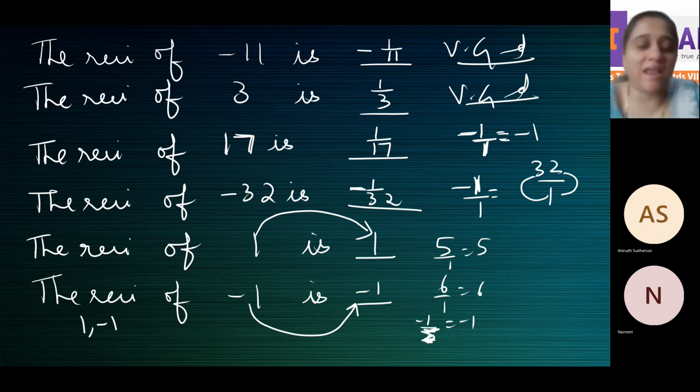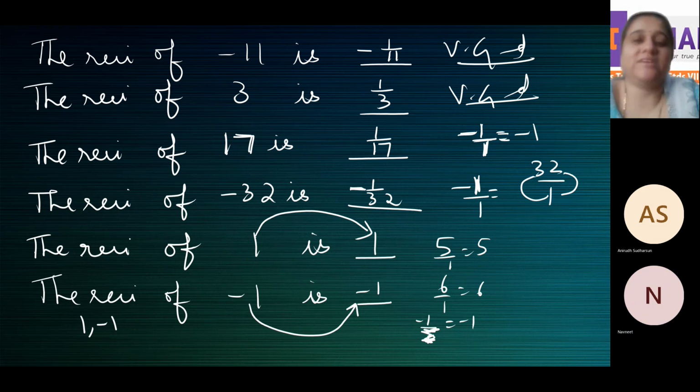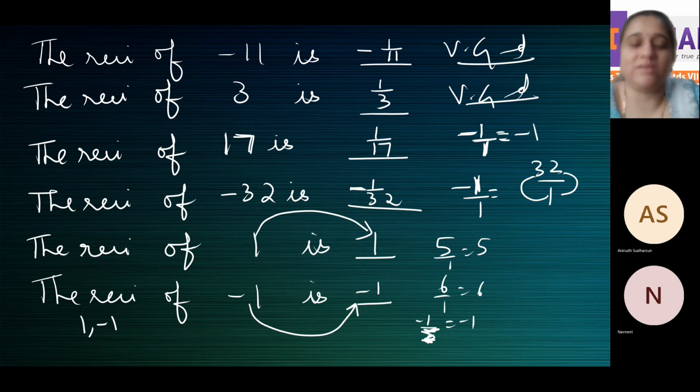Okay, I'll tell you again. I said 0 is an integer which does not have a reciprocal. I think I should talk slowly. 0 is an integer which does not have any reciprocal. Then I said the reciprocal of 1 is 1 itself.